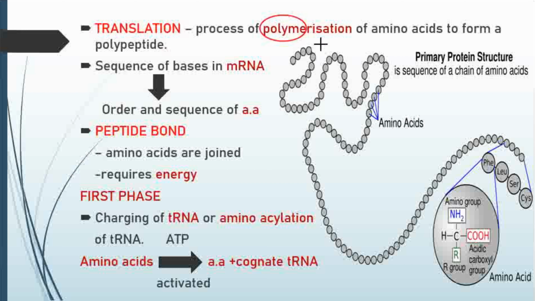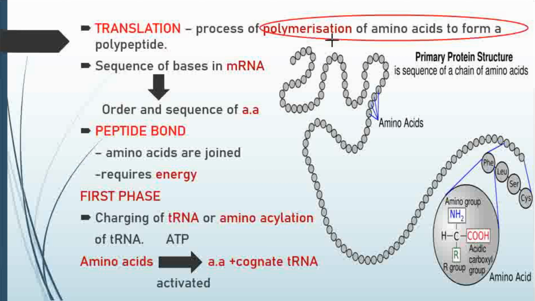It is a process of polymerization of amino acids to form a polypeptide. A polypeptide is formed by the polymerization of amino acids. Hope you all know about polymerization.